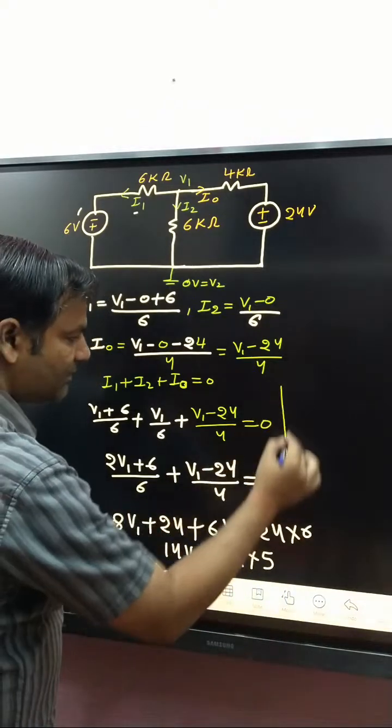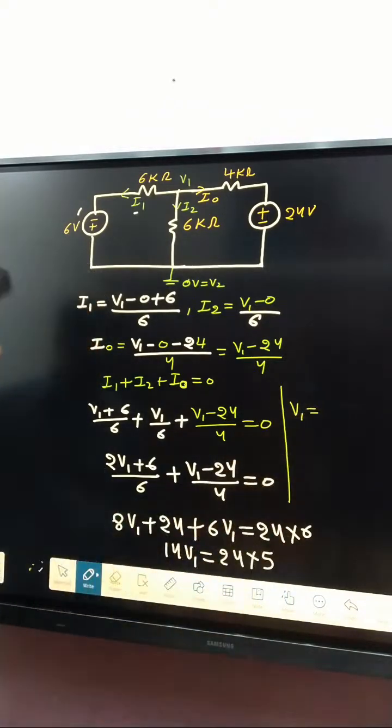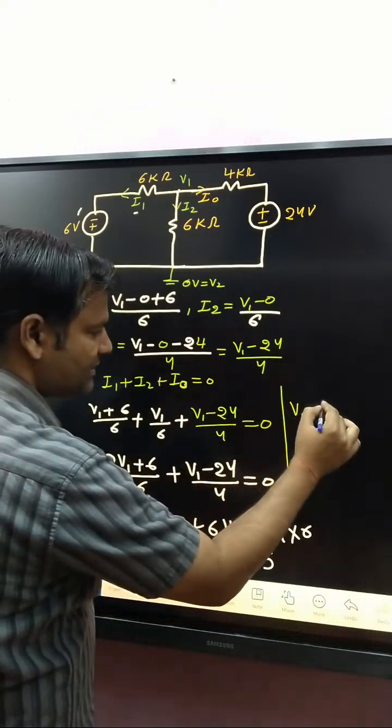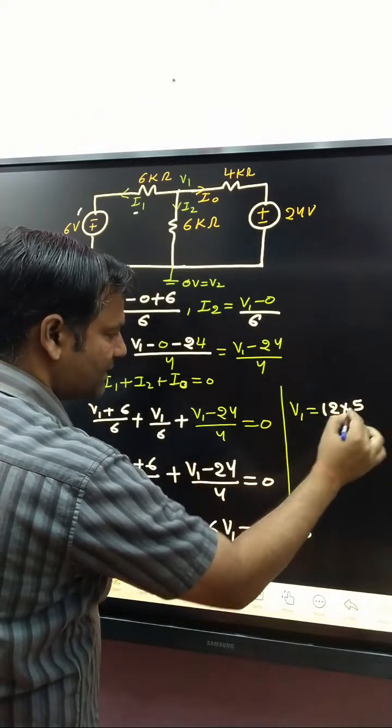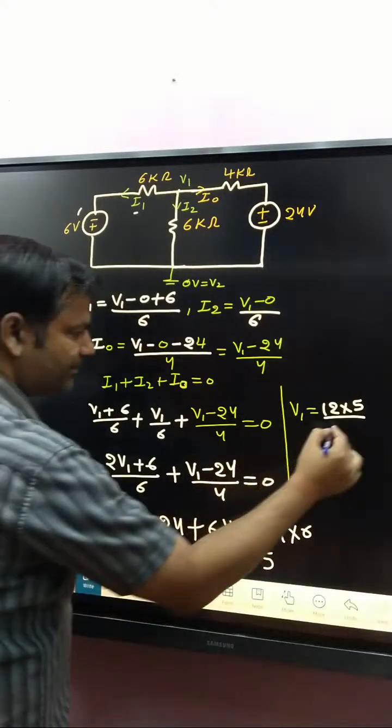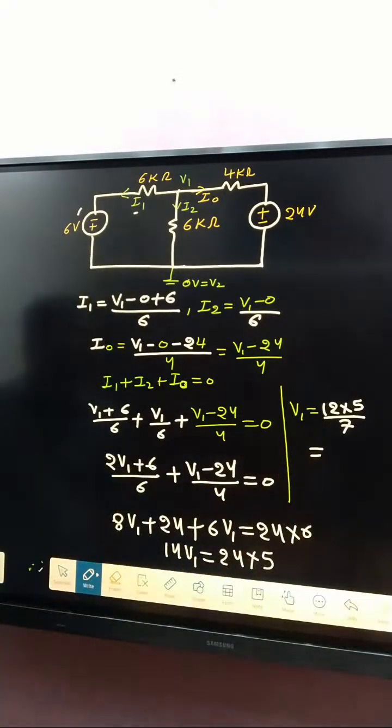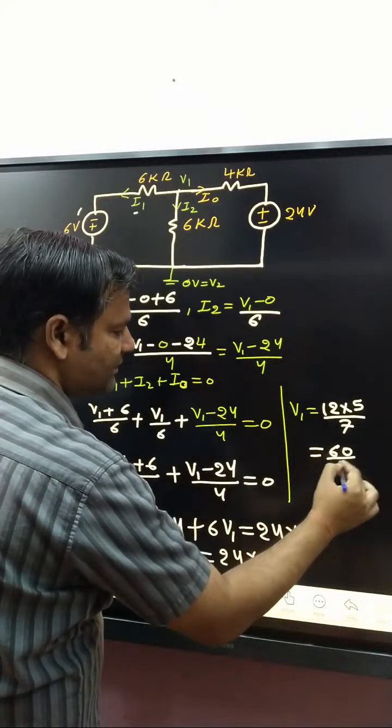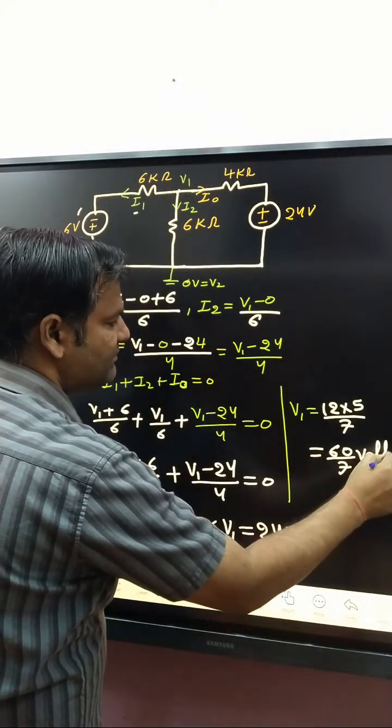So what is V1? V1 is 12 into 5 divided by 7, that is 60 divided by 7 volt. That is V1.